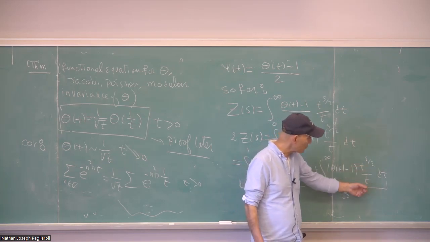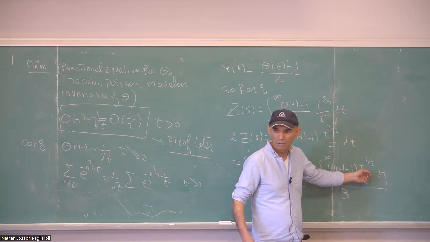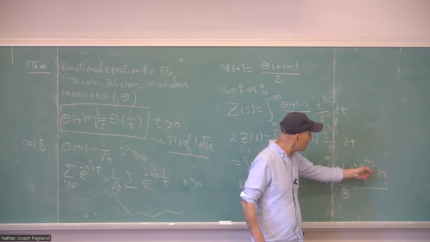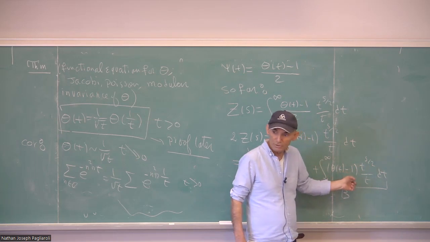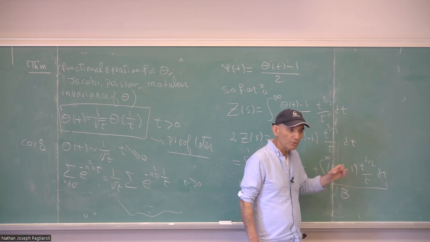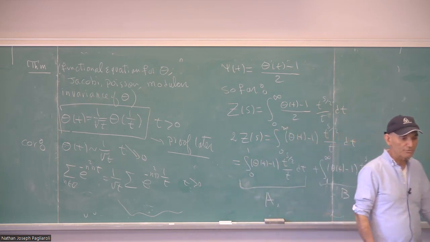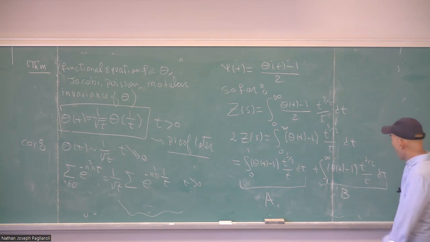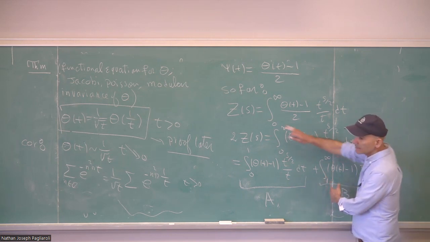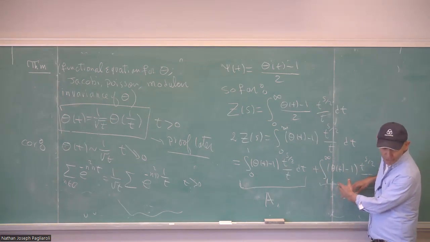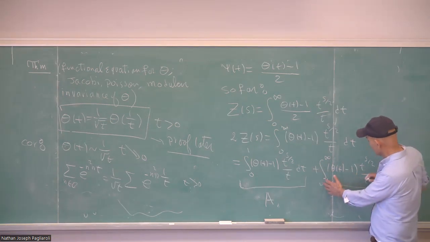And t to the s over 2 over t is just a power of t, t to the s over 2 minus 1. No matter what s is, this is convergent and a holomorphic function. So B is already a holomorphic function, and that's really huge progress already. At least this part is defined everywhere, not just on some region.